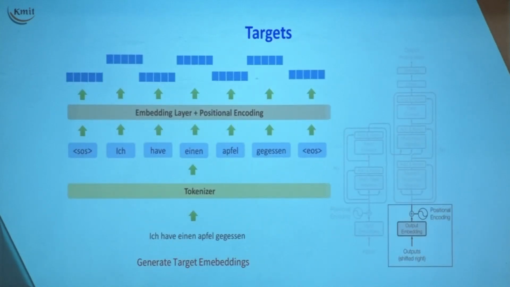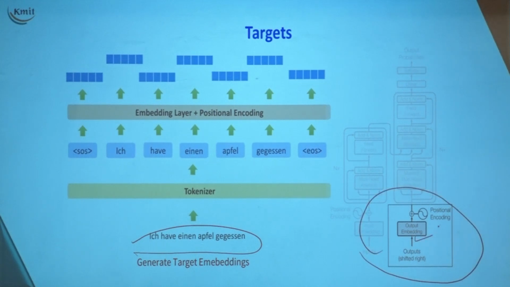Okay. Now let's get back to our original thing. So what are we doing here again? We take the source sentence. Now what is the first block here again? Output embeddings and positional encoding. So first convert them into tokens. Here I have SOS, EOS, which means what? When I take the encoder, I have I, ate, apple, EOS.